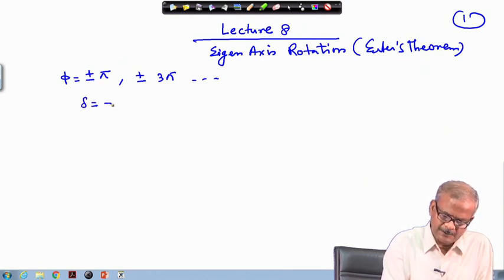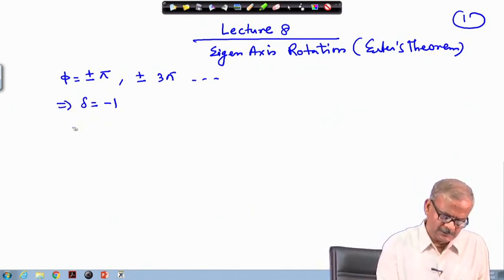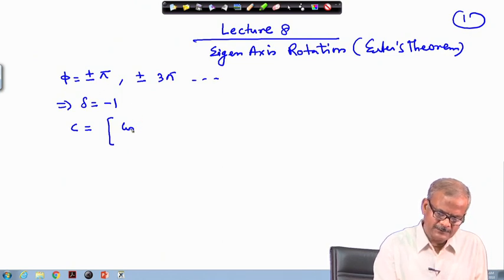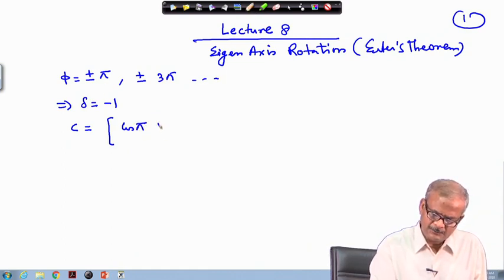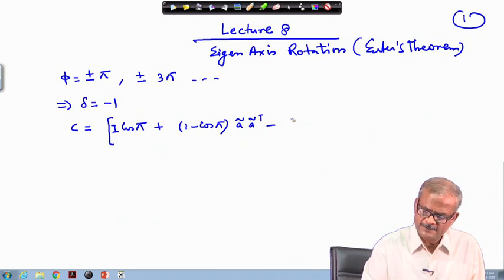The corresponding value of delta is minus 1, which we have already observed. Therefore, C can be written as cos pi plus 1, multiplied by I, 1 minus cos pi, multiplied by A tilde transpose, minus sin pi times A tilde.